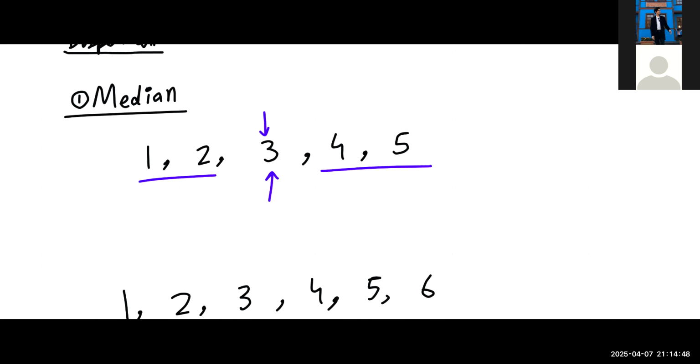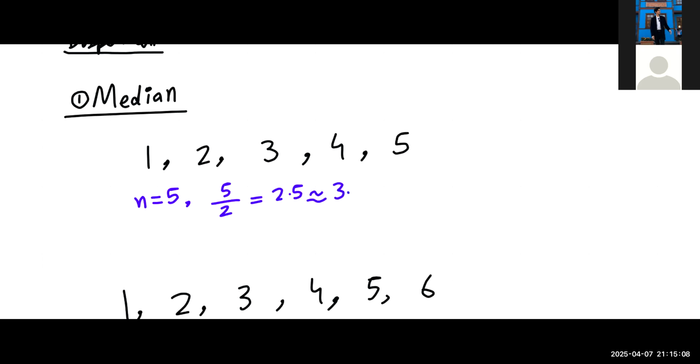But how do we find this in general? To find this in general, count how many terms you have. In this case, we have how many terms? 1, 2, 3, 4, 5. So we have 5 terms or 5 elements in this set. Divide your number of terms by 2, you get 2.5. Round it up, and that term, the third term, is the median.